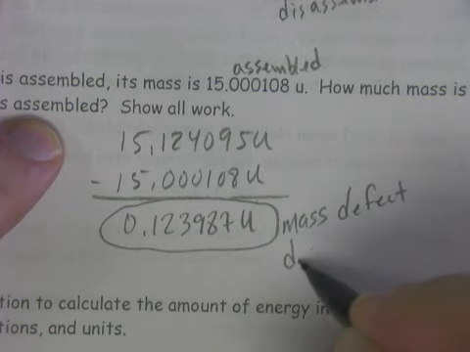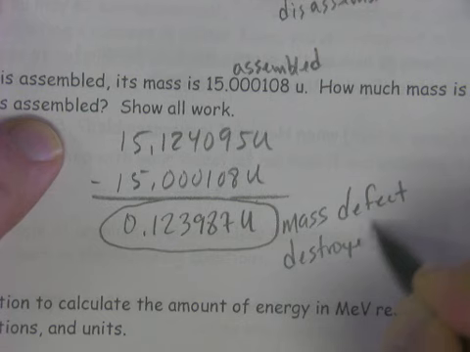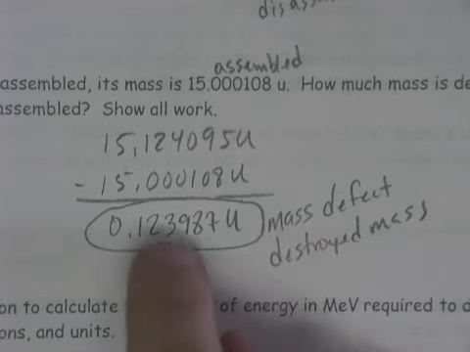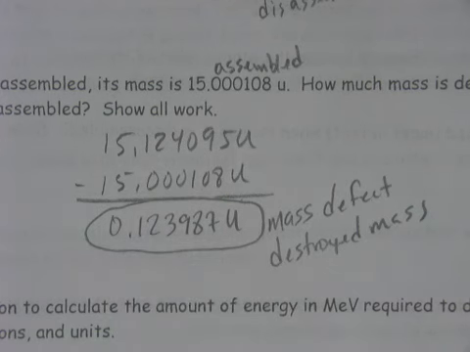This is also the destroyed mass, the mass that's destroyed as you assemble the nucleus. You can also think of it as the mass that's created when you disassemble the nucleus. Remember, when you disassemble it, the mass goes up, and there's the additional mass. It's also the mass that's destroyed when you assemble it.